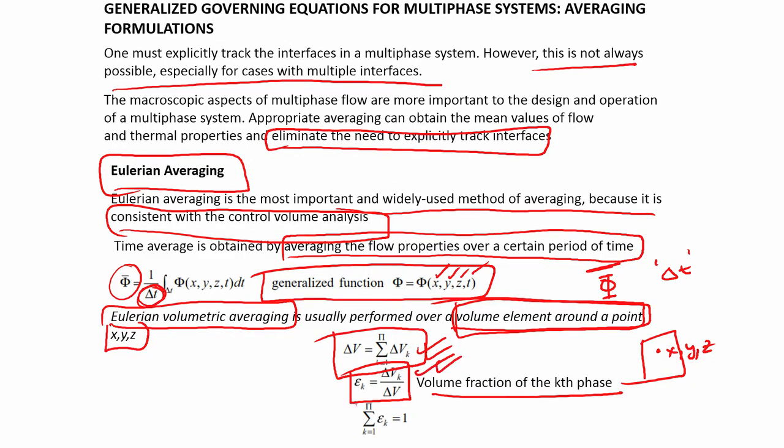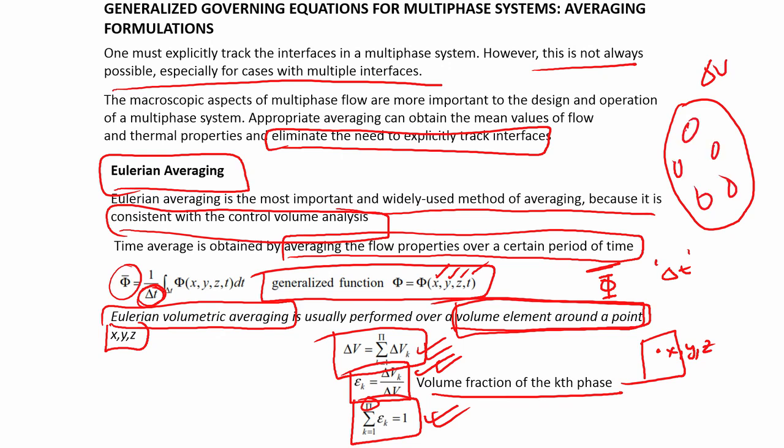The sum total of all the volume fractions should be equal to 1 by definition. There can be any number of phases present, for example, here there are pi number of phases. If there is a volume element delta V which has phase 1, then phase 2, then phase 3, you can put pi into whatever magnitude, 3, 4, 5, whatever you think it is going to be.